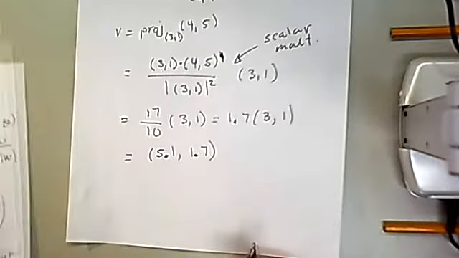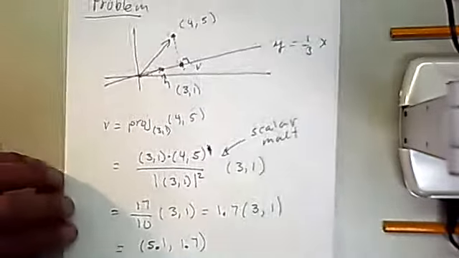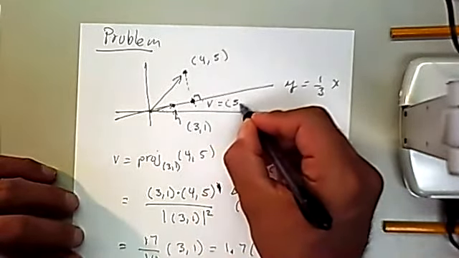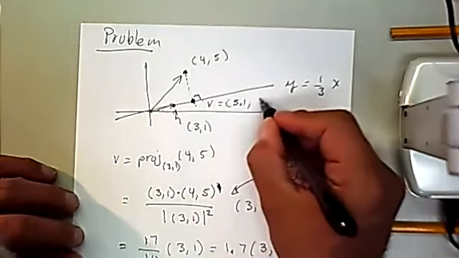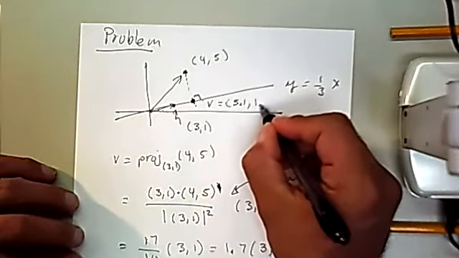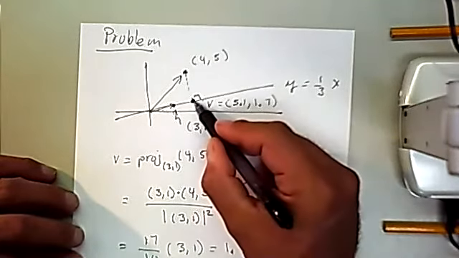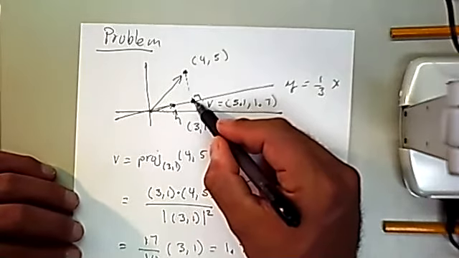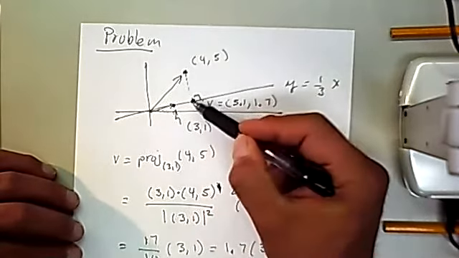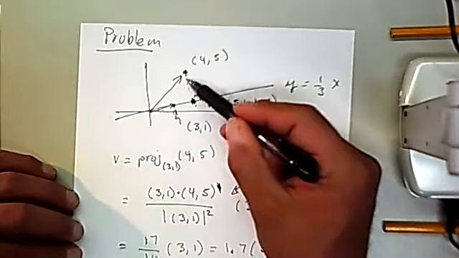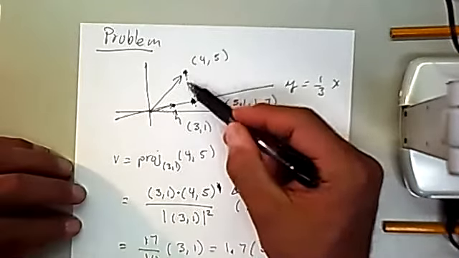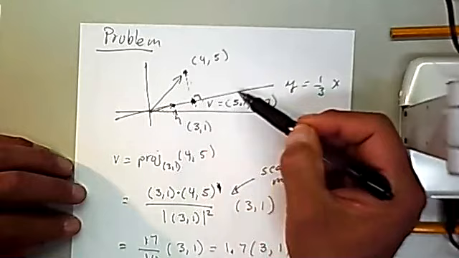There. So this vector up here has coordinates (5.1, 1.7). And that is precisely the vector, that is rather the number, the point, which is the same thing as a vector, the point that is closest to that one, because there's a 90-degree angle between this height and this line.